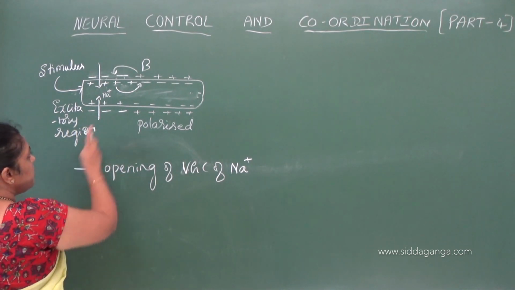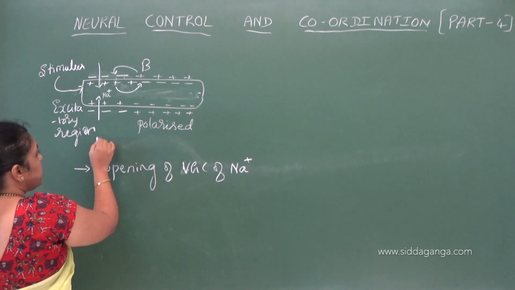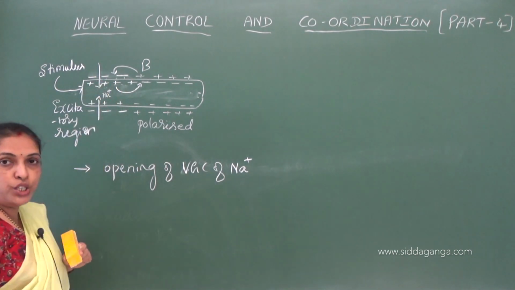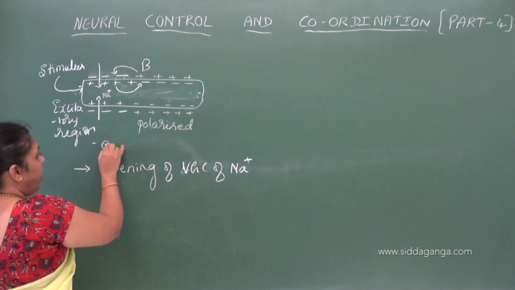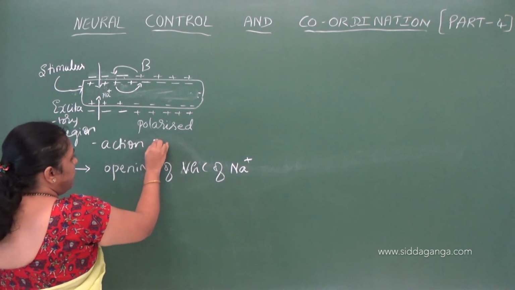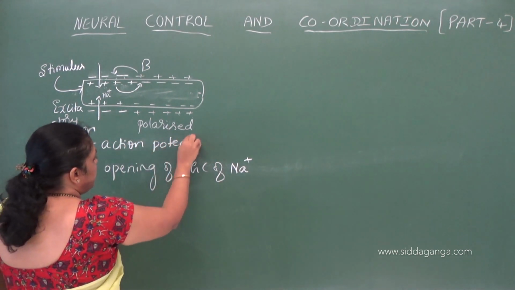So this happens, and that potential difference which develops in the region at stimulus is called action potential. It's called action potential.